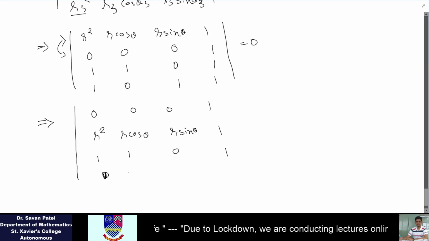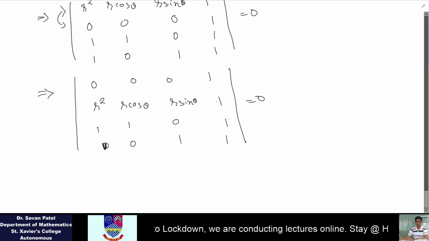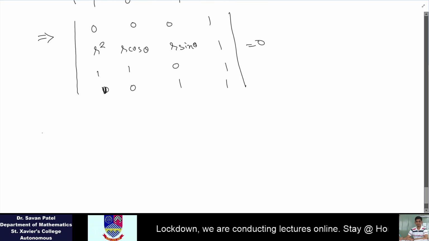Sorry, here it is 1, 0, 1, 1. Its determinant is to be 0. For this, 0 times everything is 0. Plus, minus, plus, minus. I am just finding the determinant of that, but again you know that here it is 0, so I am not writing the minus. So only the determinant of this part.